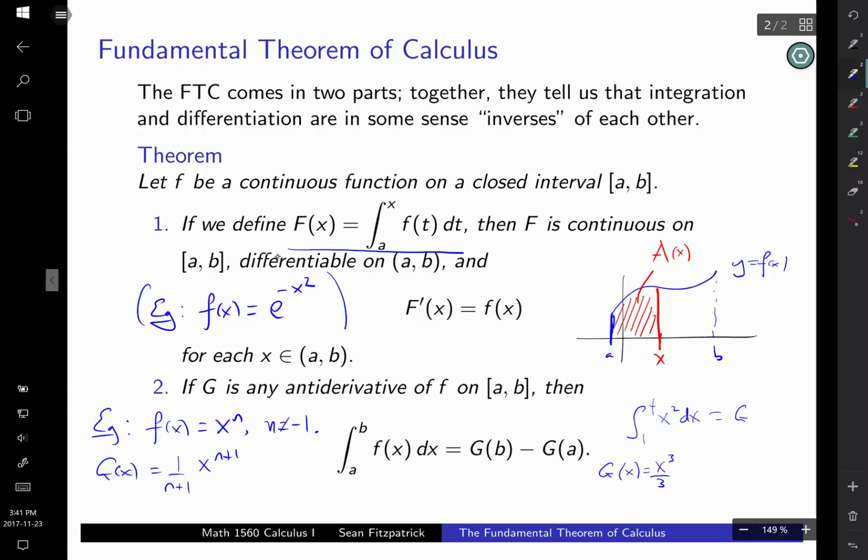So I would do g of 4 minus g of 1. So I get 4 cubed, which is 64 over 3, minus g of 1, which is 1 over 3. So I get 63 over 3, which is 21.